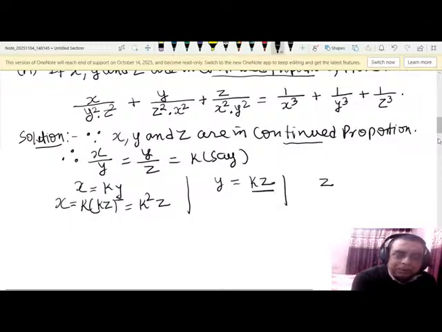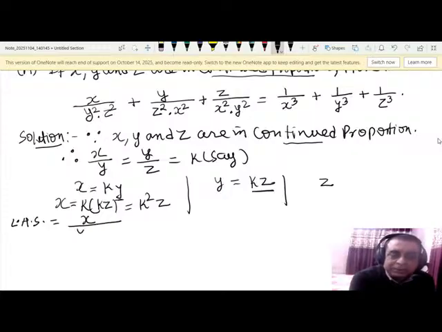So we have expressed x, y, and z in terms of z. Now start from the left hand side. So LHS. What is given in the left hand side? x divided by y squared times z squared, plus y divided by z squared times x squared, plus z divided by x squared times y squared.